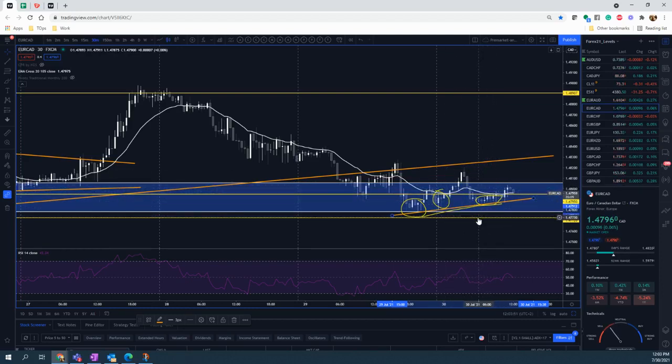Because of that, we can place a stop loss a little bit below this consolidation, or where the pattern is forming. And you can also see that the RSI is increasing, which means that the price action on the bullish side is getting stronger. The momentum in the bullish direction is increasing.